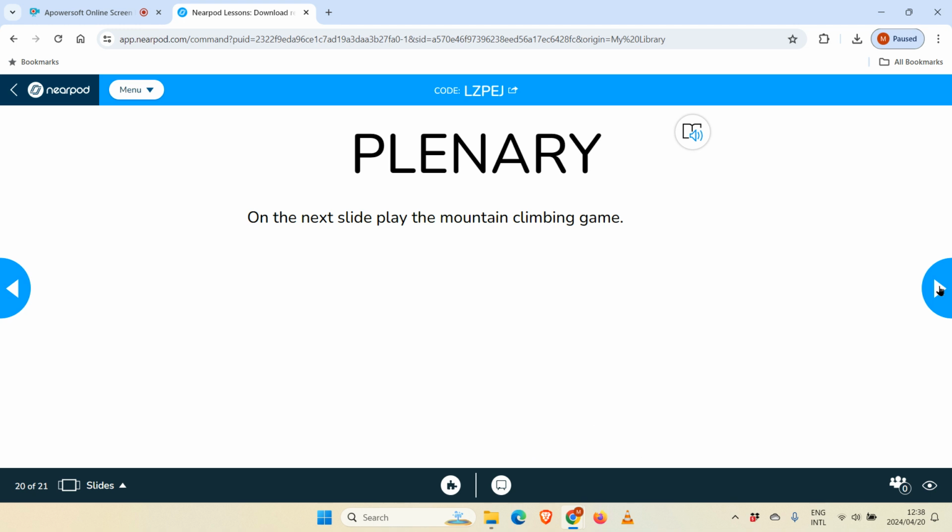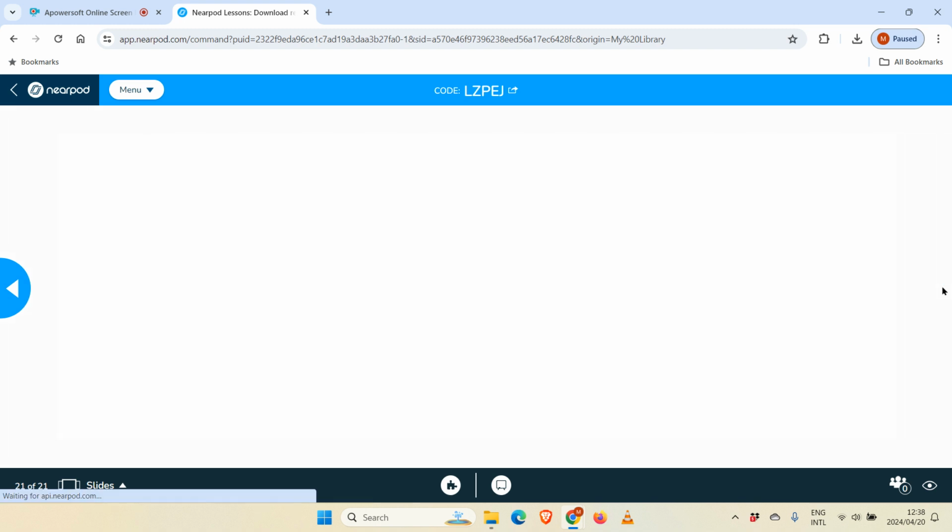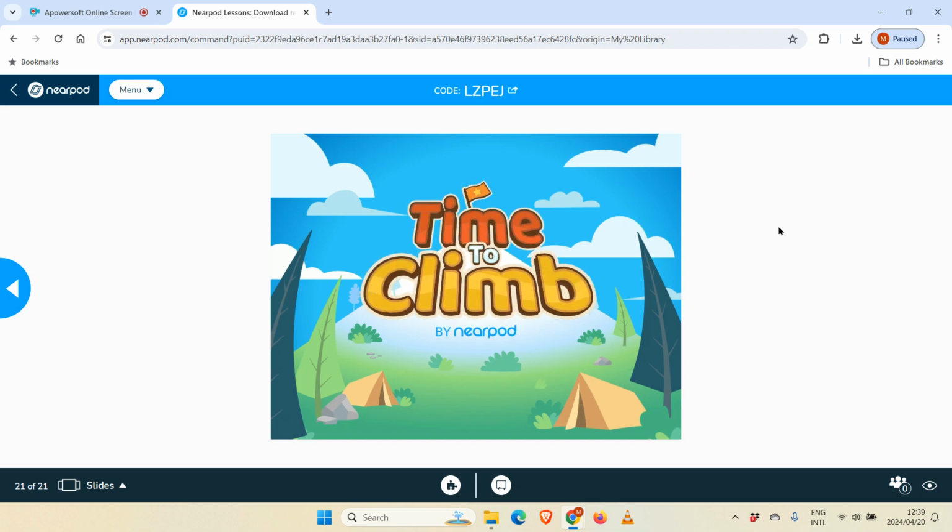Then to finish this lesson, there is a little game that they play, answering some multiple choice questions to reinforce the concepts of this lesson, the concepts of demand and law of demand.